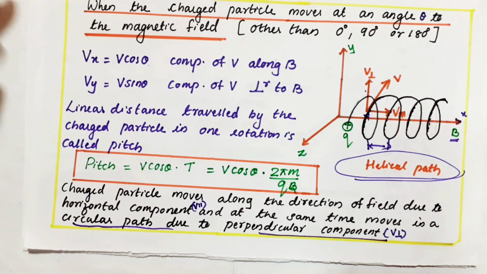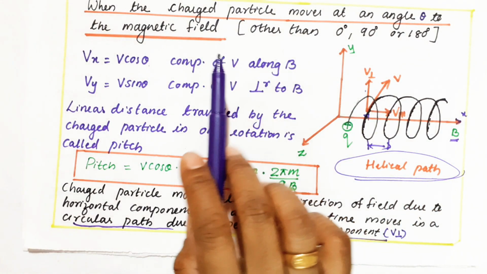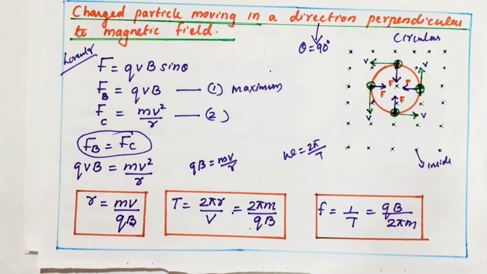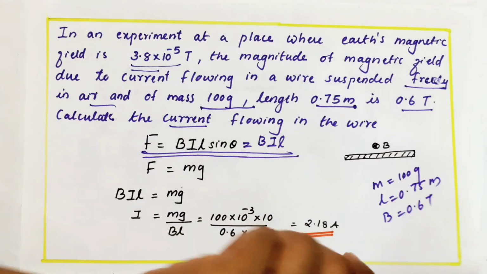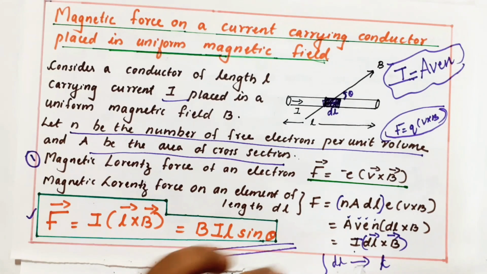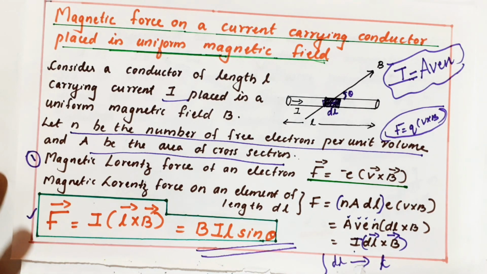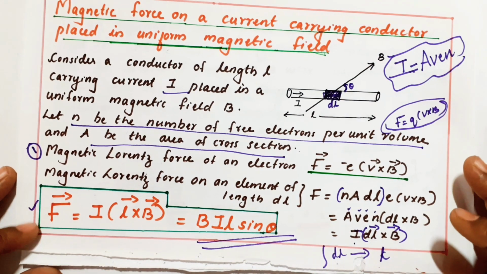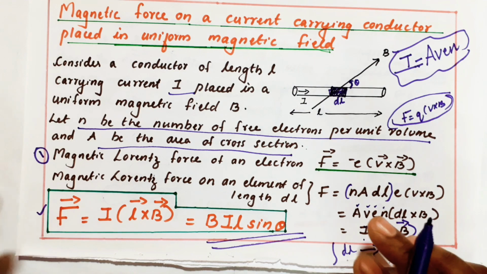I repeat, I discussed about a charged particle moving at some other angle in a magnetic field, it moves in a helical path. If a charged particle enters perpendicular, it moves in a circular path. And when a conductor is placed in a magnetic field, it experiences a force, and that force is equal to B I l sine theta.